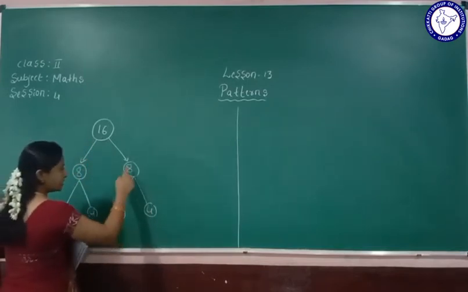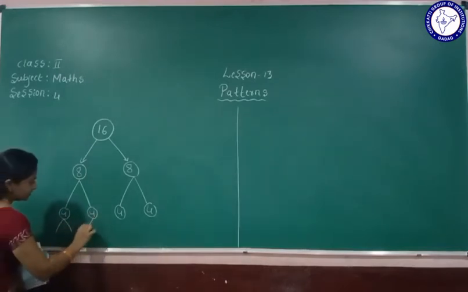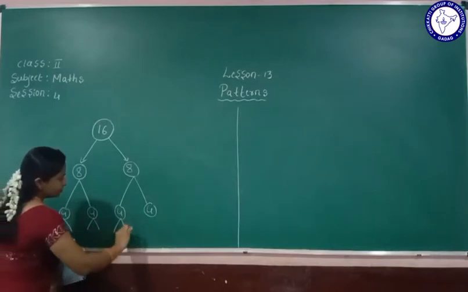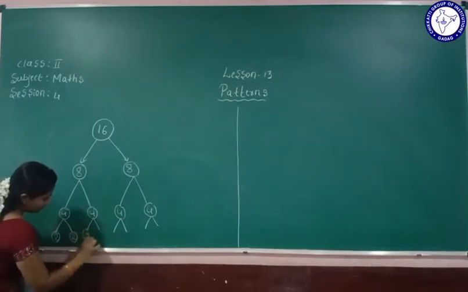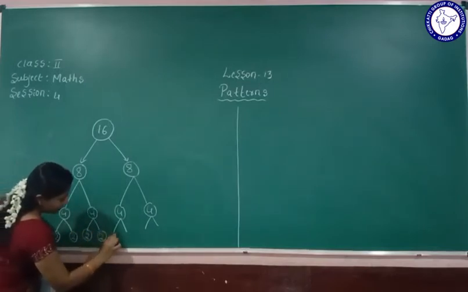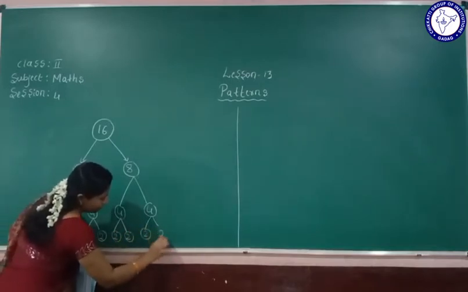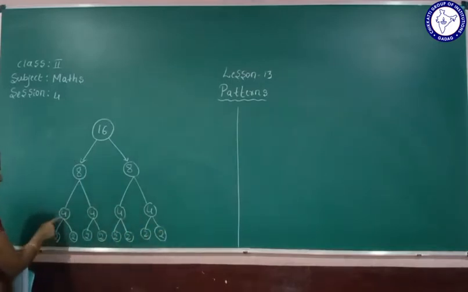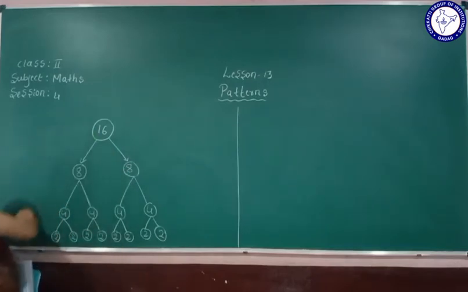Next we split this 4 into 2 plus 2. 2 plus 2 is how much? 2 plus 2 is 4. 4 plus 4 is 8. 8 plus 8 is 16.